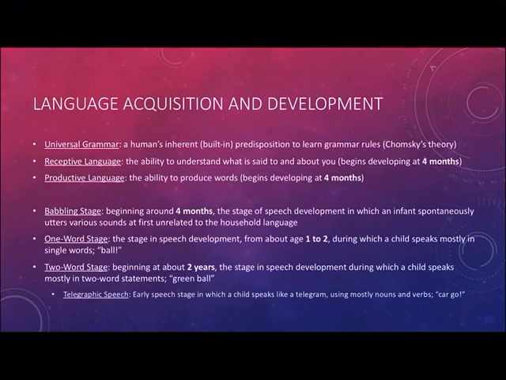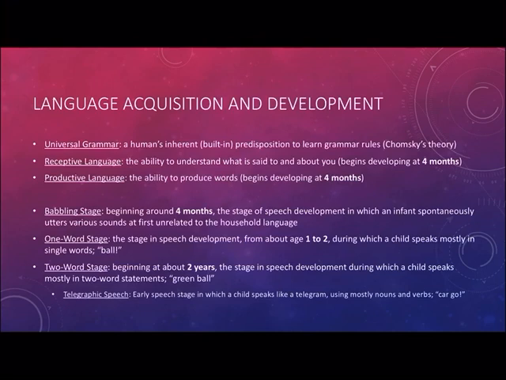Noun and a verb. But green ball, that's an adjective and a noun, right? That's just describing what something is, not what something does. If the child said ball bounce, now this is telegraphic speech. But green ball would be just a 2-word stage expression.